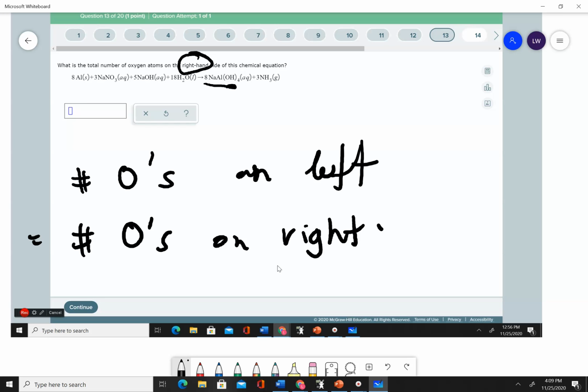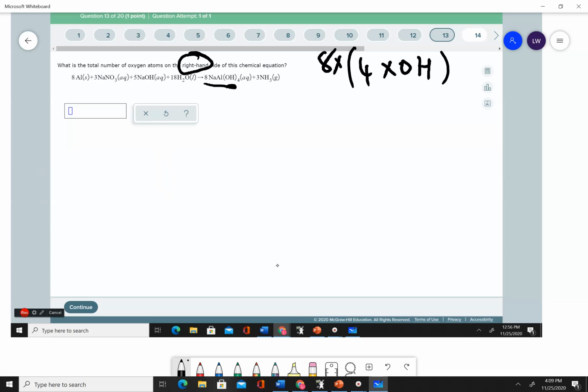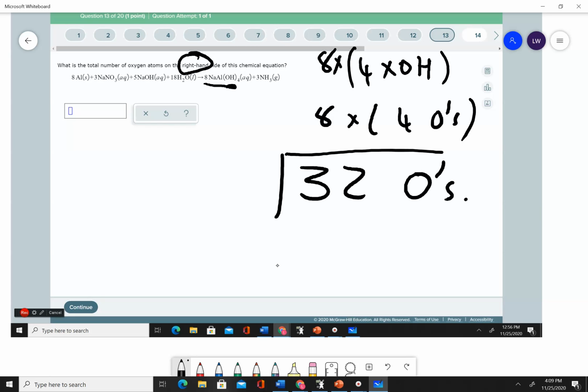So what have I got? I've got 4 lots of hydroxide, and then I've got 8 lots of that. So what does that mean? Well, the 4 lots of hydroxide are going to give me 4 O's, and then I'm going to times it by 8, so that ends up being 32 O's.